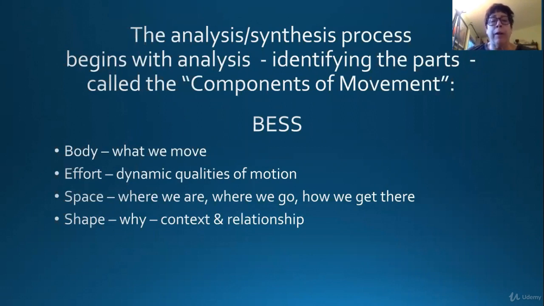So just to give you an example, if I walk into the room, very quickly anyone, even a non-movement analyst, although in fact all humans are movement analysts, can identify that the person walked into the room. We would not have any big discussion about that. But we wouldn't necessarily identify the body in the way that a Laban movement analyst would.